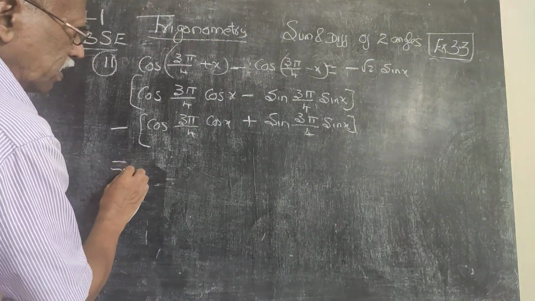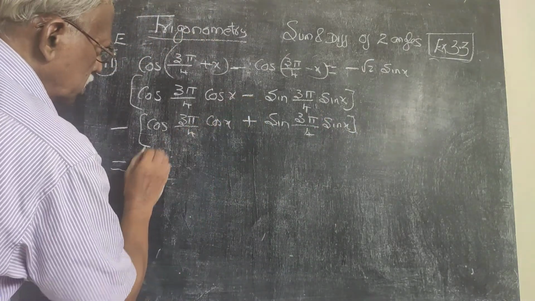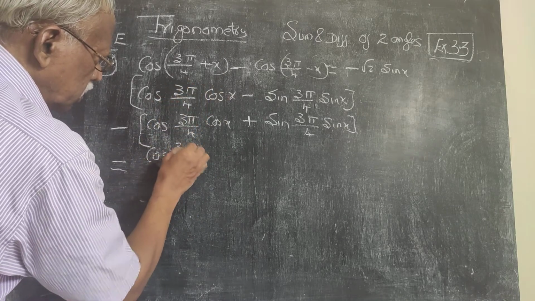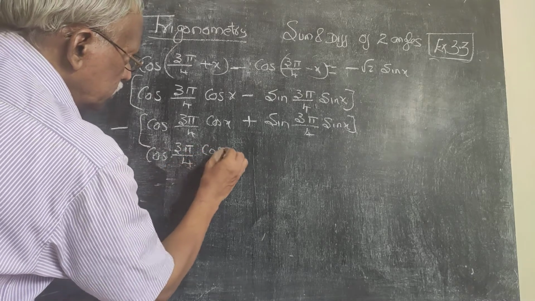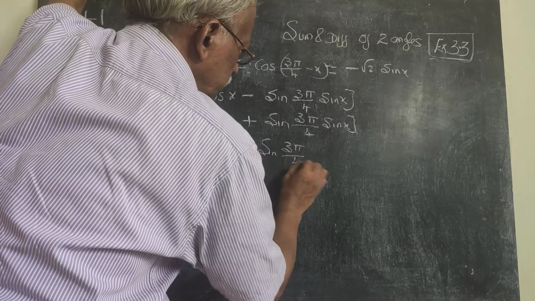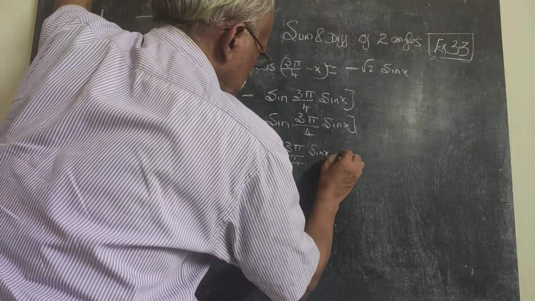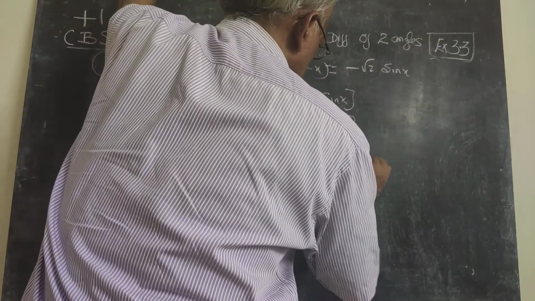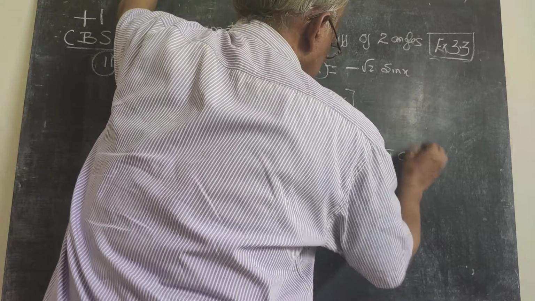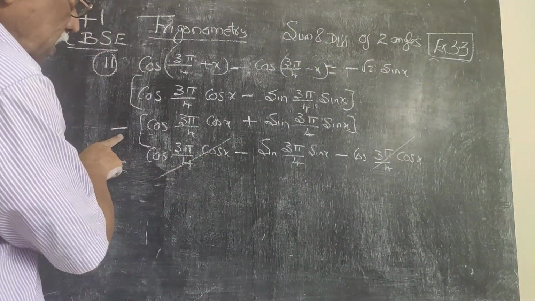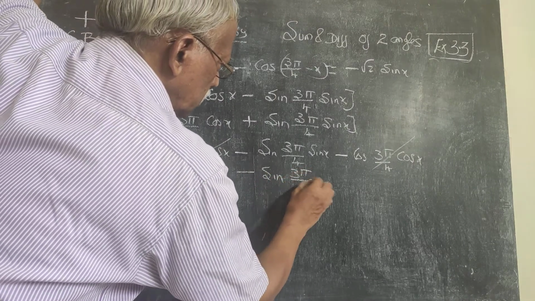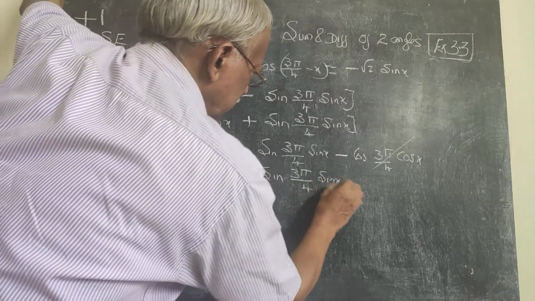Now removing the bracket, this term will go off. Cos 3π/4 cos x minus sin 3π/4 sin x minus cos 3π/4 cos x, and here is minus and this plus, so again minus sin 3π/4 sin x.